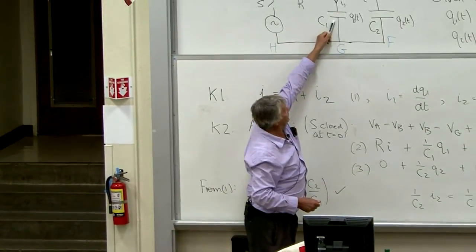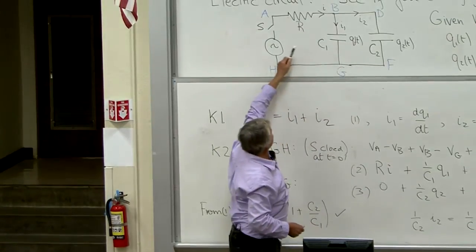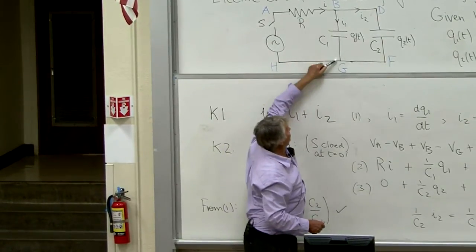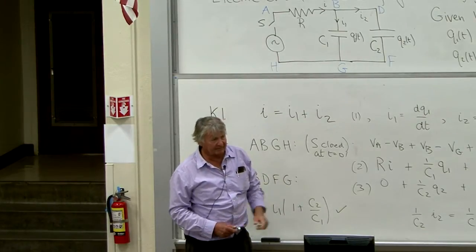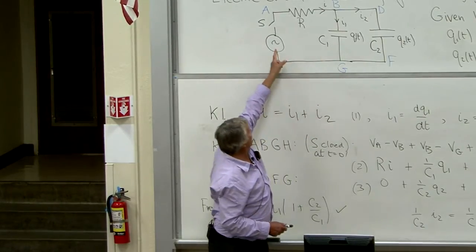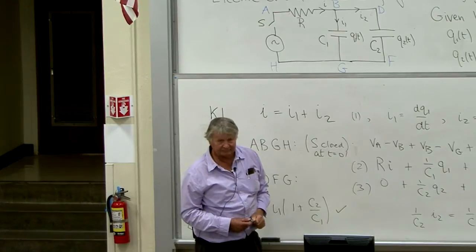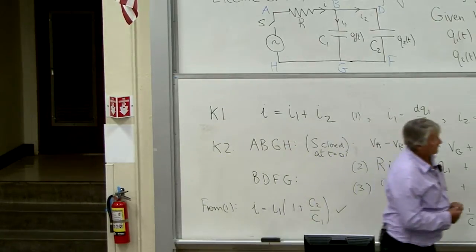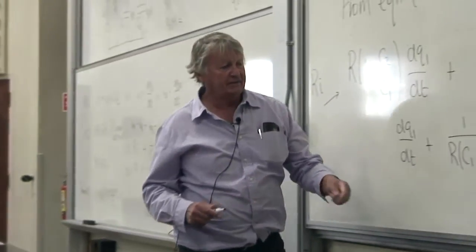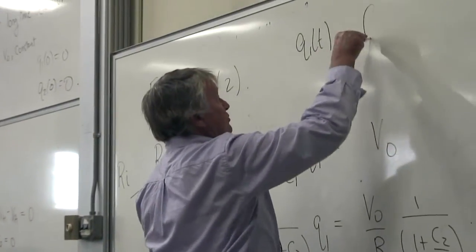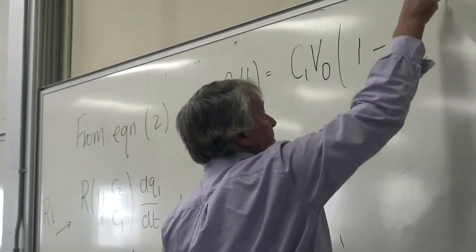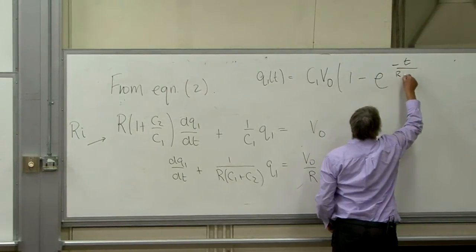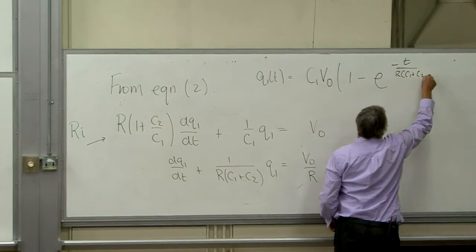This will be charged up, this will be charged up, and the voltage drop across here has to be the voltage drop across there. So Q1 over C1 is V naught. So in fact, that's correct. Q1 is C1 V0 times 1 minus e to the minus t over R times C1 plus C2.